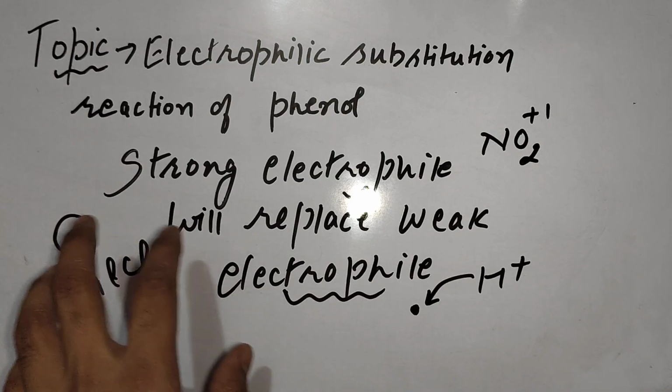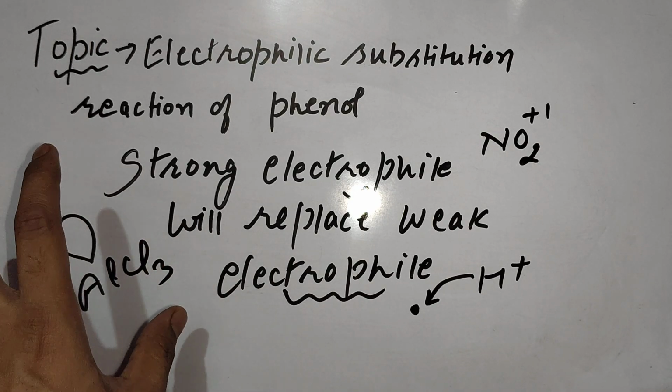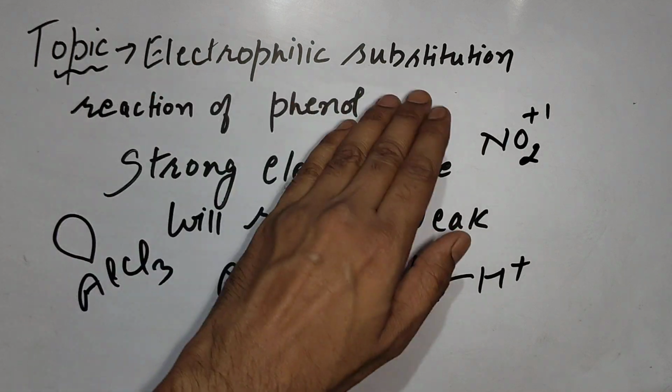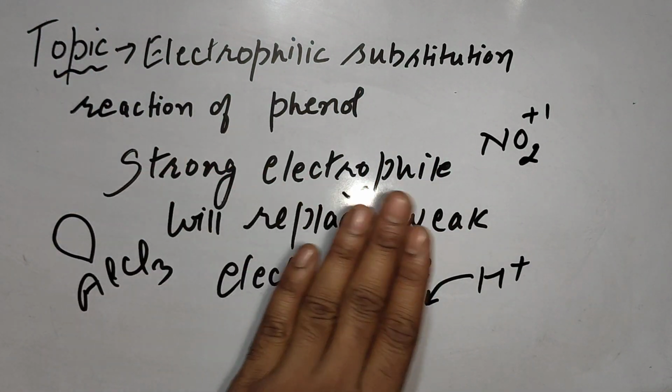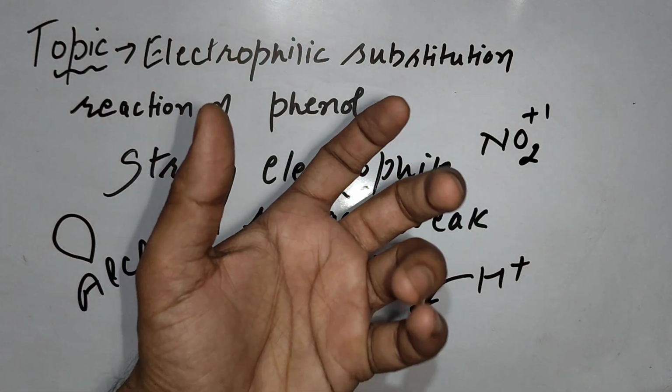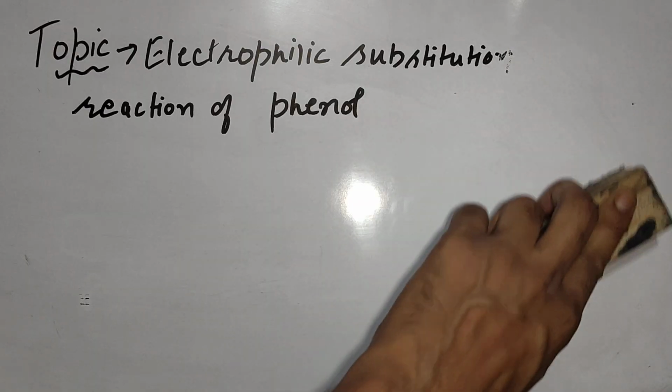So this whole molecule is working as an electrophile. And what kind of electrophile? Neutral electrophile. So in electrophilic substitution reaction, a strong electrophile will replace a weak electrophile. Now, talking about the reactions of phenol, let's first understand which electrophile is available in phenol.